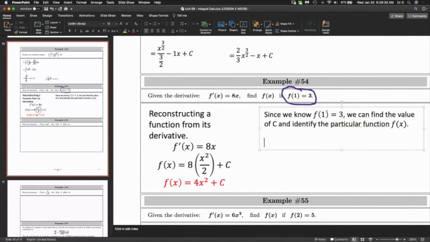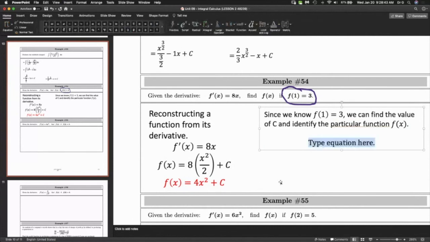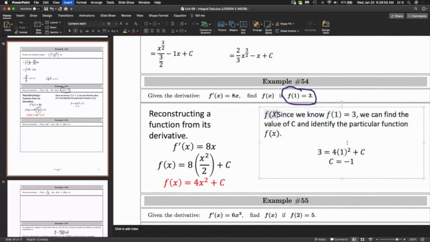So you're going to plug in 1 comma 3 into this function to get c. So you get 3 equals 4 times 1 squared plus c. I plugged in 3 for y and 1 for x. So c equals -1.